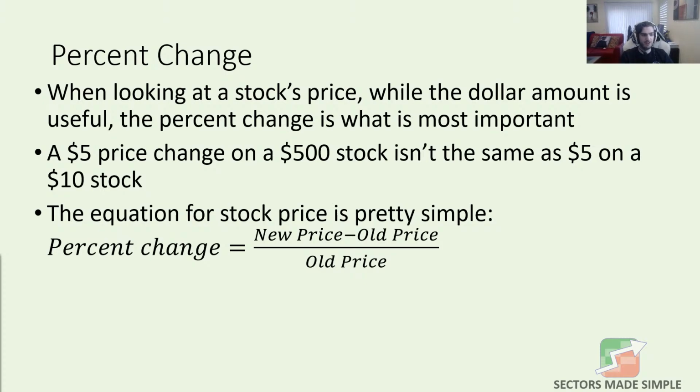So using that example, 90 minus 100 is negative 10, divided by the old price, which was 100, gives us negative 10 divided by 100, which is negative 0.1, which becomes negative 10%.